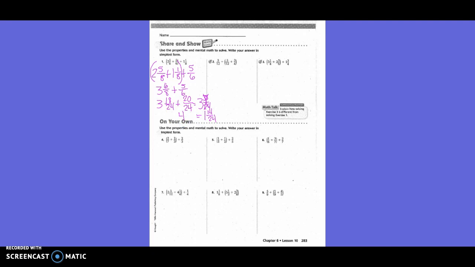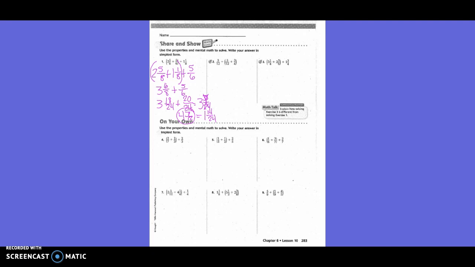But what can 14 24ths be reduced to? 7 twelfths. So 4 and 7 twelfths. So basically what we're doing is we're getting our common denominator added together first, then going with the next fraction and getting a common denominator between the two, right?